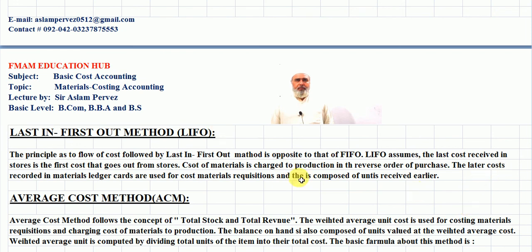The later costs recorded in materials ledger cards are used for costing materials acquired earlier. Students, this is the meaning of LIFO: the last purchase recorded in our inventory card is issued first.